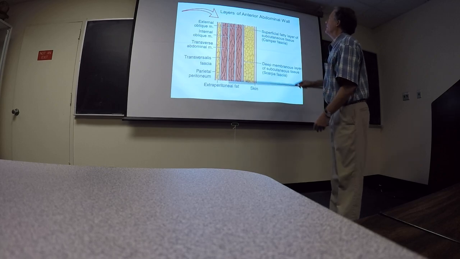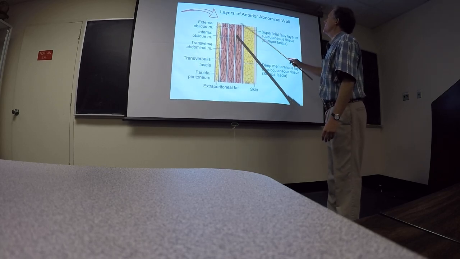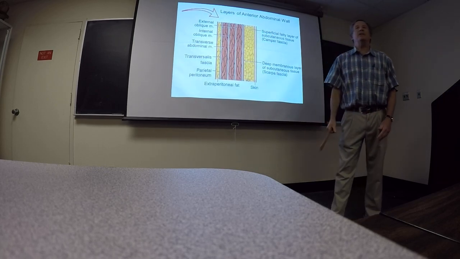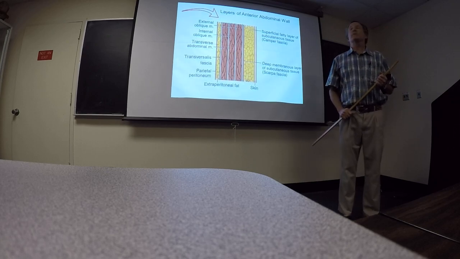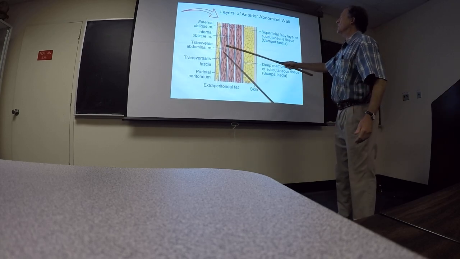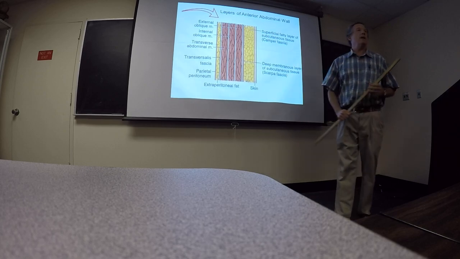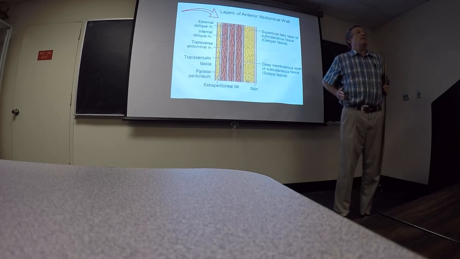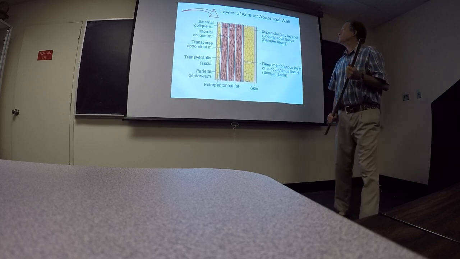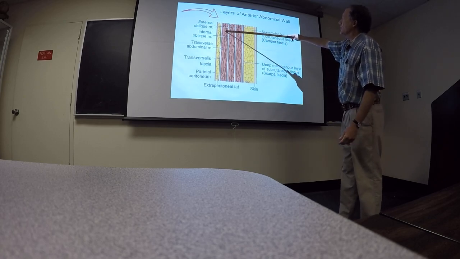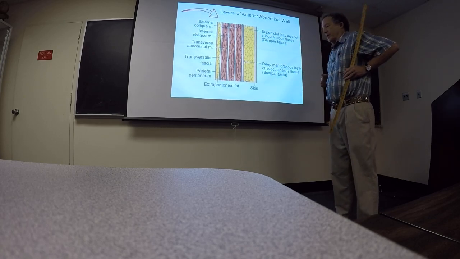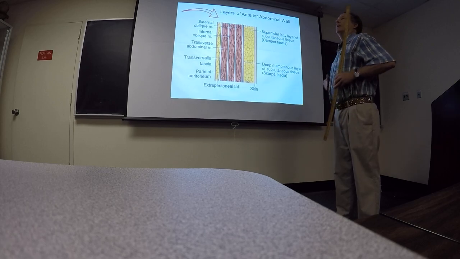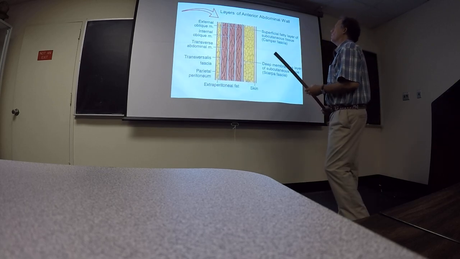Deep to that is an internal oblique muscle, and again, as with the internal intercostals, it's oriented at right angles. And deep to that is a transverse abdominal muscle, which, as you might be able to guess, is oriented transversely. So these are 3 distinct muscles that are arching across the side and part of the anterior abdominal wall.